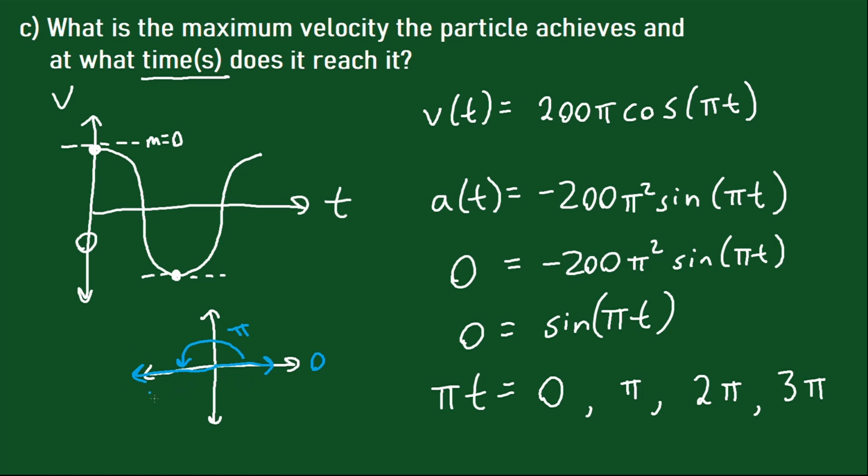The height of this is 0. If it rotates to over here, that's an angle of 2 pi radians. It's at 0 again, and that repeats itself. So whenever you have an integer times pi, like 0 pi, 1 pi, 2 pi, 3 pi, those will all give you a sine value of 0, meaning that you're at these maximum or minimum values. So here you have a value of 0, here a value of pi, here a value of 2 pi, and it just continues and continues.